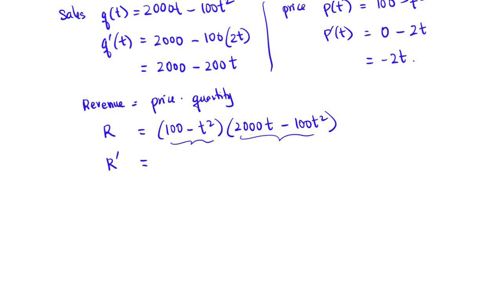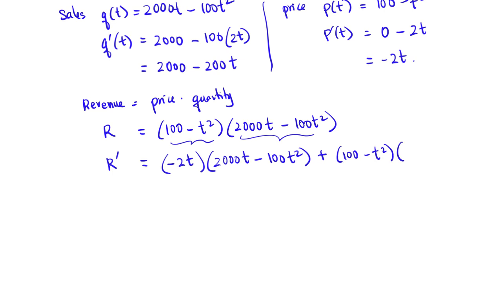The derivative of the first factor is minus 2T times the second factor, 2000 T minus 100 T squared, plus, this time we keep the first factor, 100 minus T squared, and we multiply the derivative of the second factor, which is 2000 minus 200T.